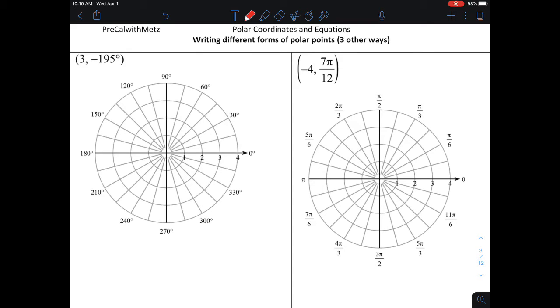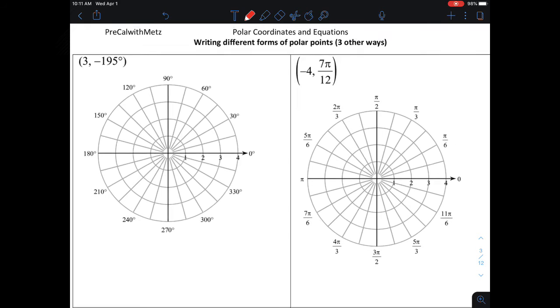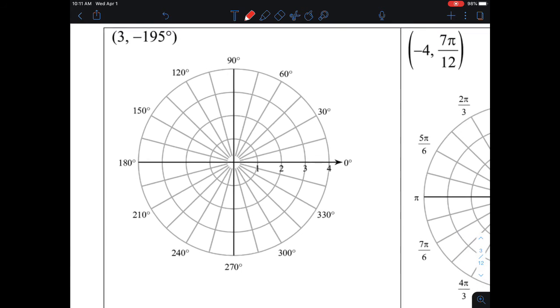There are a bunch of ways to write polar points. Now, in this exercise, we're going to write 3 different ways to get to the same polar point that's given. And by the time we're done with this process, we should have a polar point with both positive radius and positive angle measure, or I could make one of those or both of those negative. So that way we have all cases accounted for, and we're staying less than 1 full rotation.